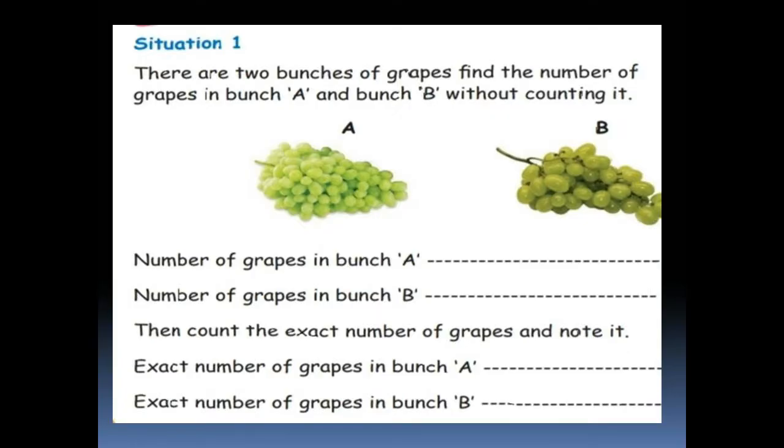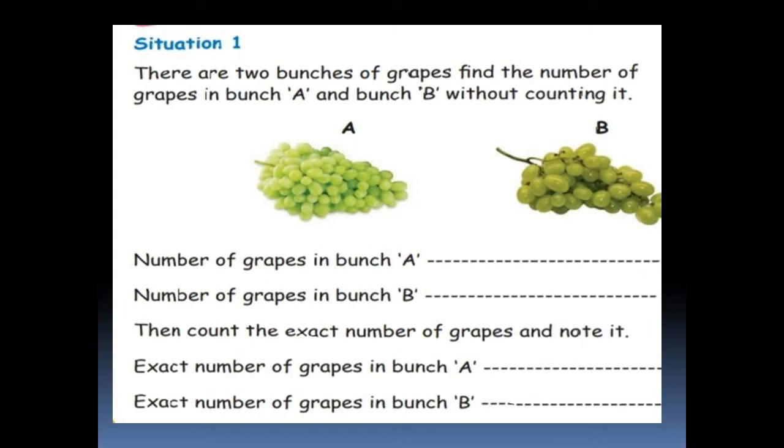Let us imagine the situation. There are two bunches of grapes in your hand, bunch A and bunch B. Let us think how many grapes will be there in bunch A. By seeing it you can imagine how many grapes there will be. That is estimation. How many grapes will be there in bunch B?